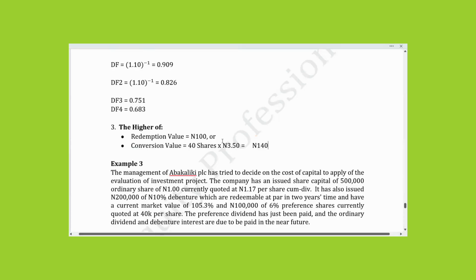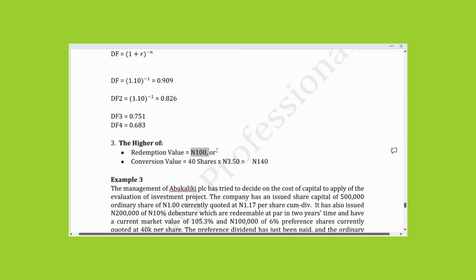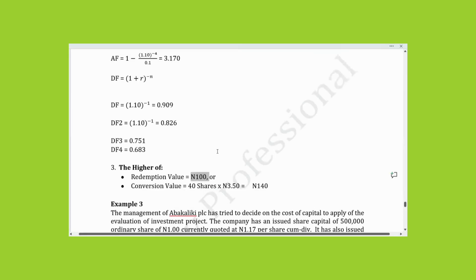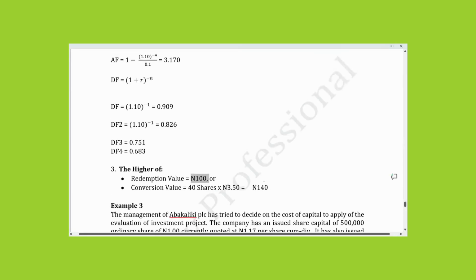If, for example, the conversion value is 90 naira, it would be lower than the 100 naira redemption value, so we would select the redemption value. In this particular question, we select the conversion value of 140 naira because it is higher than the redemption value of 100 naira. Is it clear, Gloria?